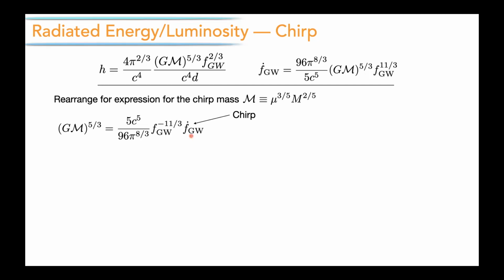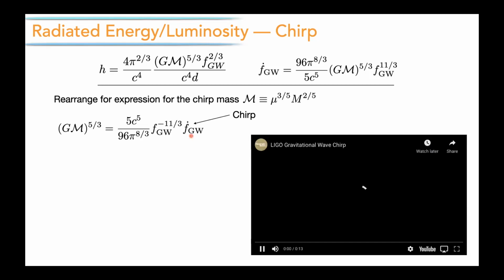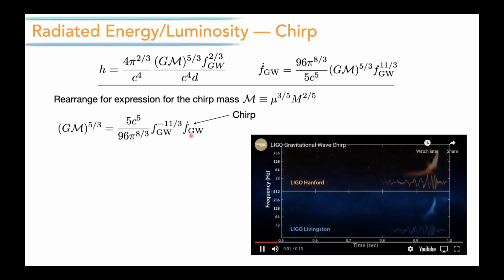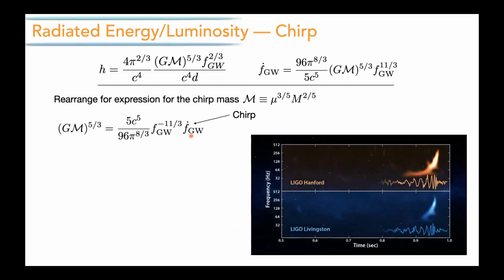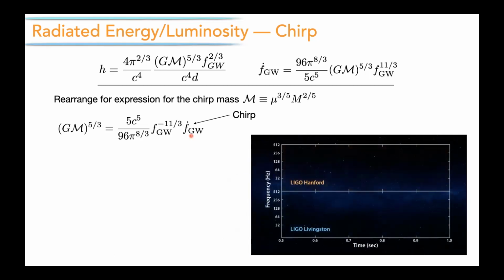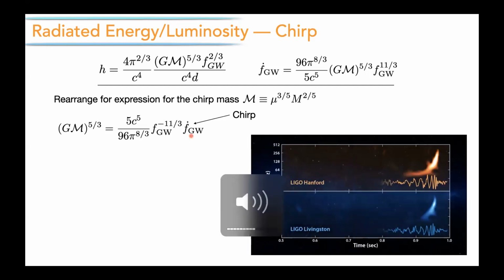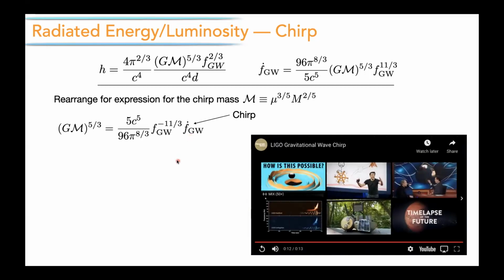So it's called the chirp mass because you can measure this chirp, this increase in frequency over time, and the frequency at any time, and derive this quantity, the chirp mass. Right, and this is, maybe you've seen many times, this chirping. That frequency derivative and frequency can give you an estimate of the mass, or the chirp mass.